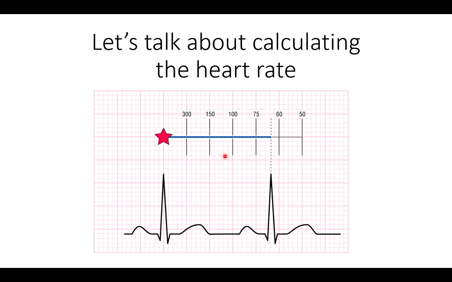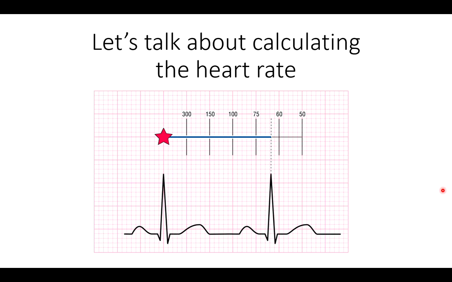This is actually something that's pretty cool, because you can do this with a single lead. You can calculate heart rate very quick. And after this, every time you look at an ECG rhythm, you should be able to very quickly identify the heart rate. Now, I want to be careful. This is when we have a regular rate, meaning that all of the R waves are occurring with consistent intervals.